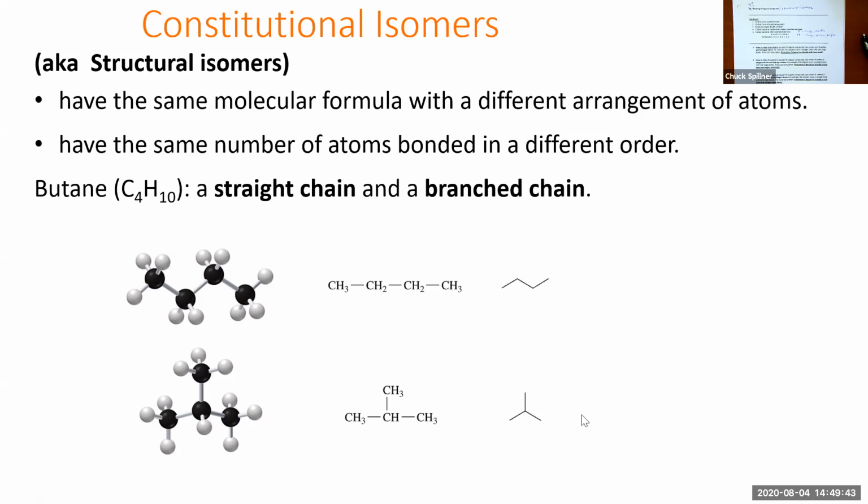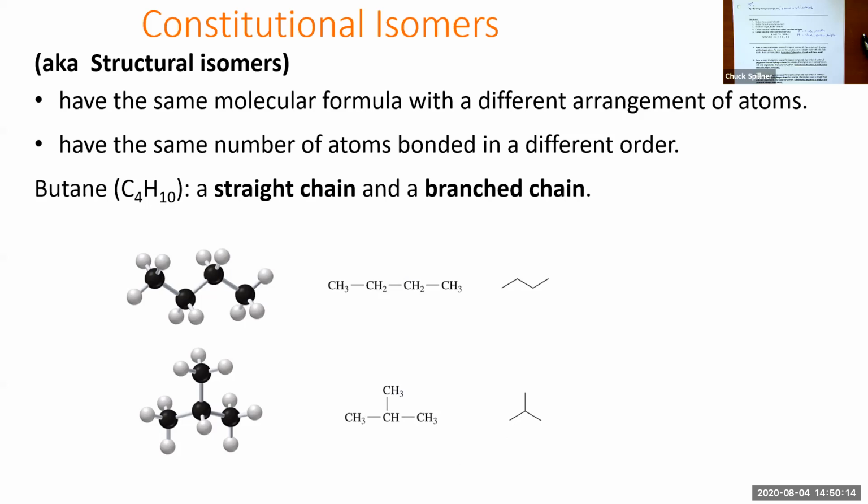If you want to know the name, it'd be called 2-methylpropane, because when we name a chain, you number the chain from one end, so it'd be 1, 2, 3, and the methyl group is on the 2nd position. Methyl means a 1 carbon side chain, or 1 carbon substituent. So we have 2-methylpropane. They have different names, but they have exactly the same formula. And remember, that's one characteristic of isomers.